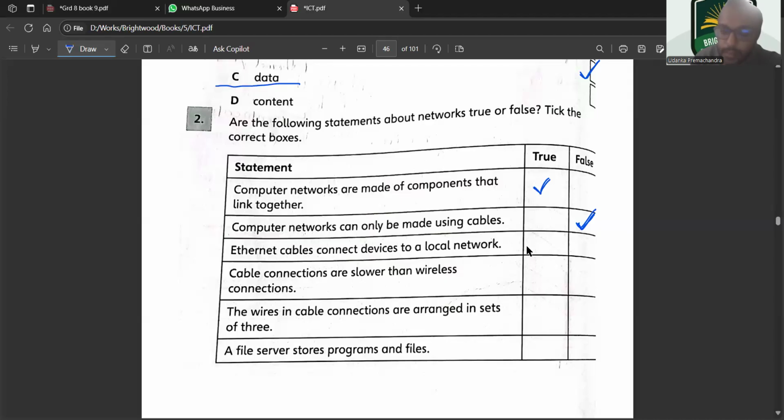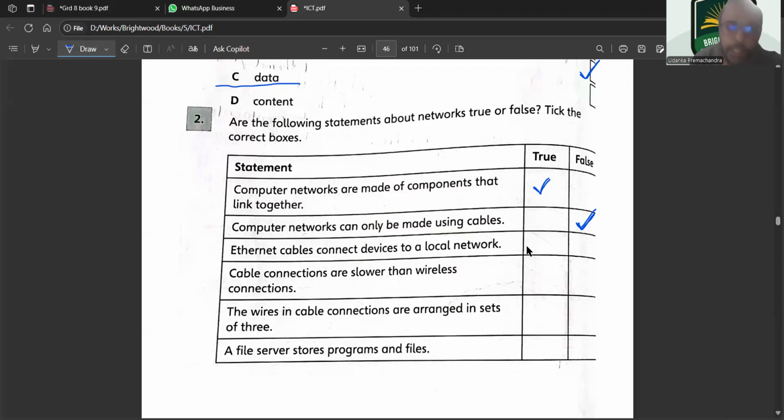How about the next one? Ethernet cables connect devices to a local network. In a local network, like in your classroom, normally we use cables.